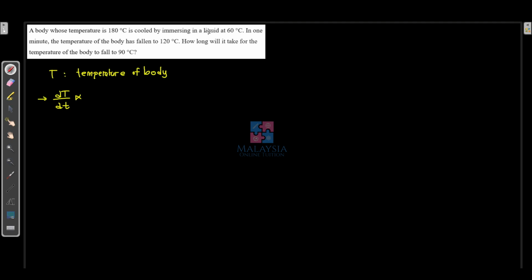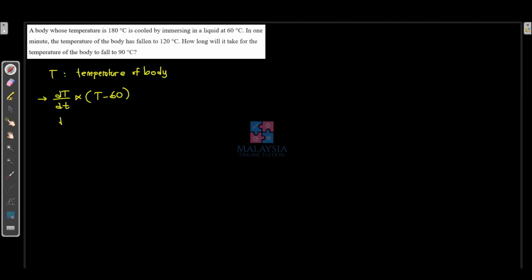So we say the temperature of the body is T, minus the immersing liquid, 60 degrees Celsius. So we just write T minus 60. This is how you start with the rate of change of the temperature, or rate of cooling.